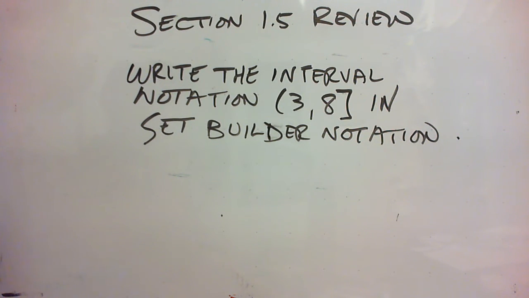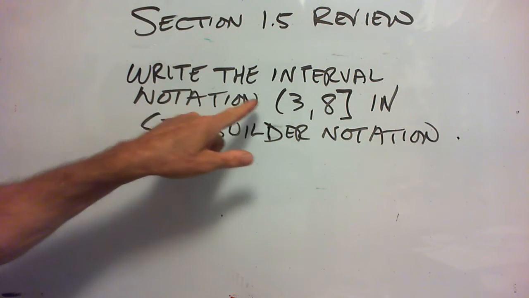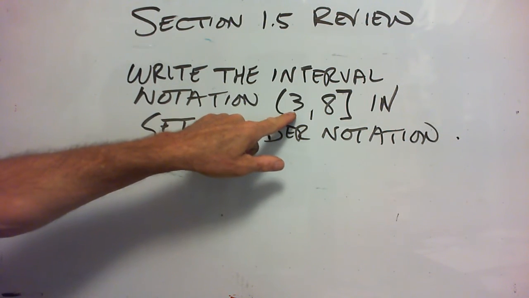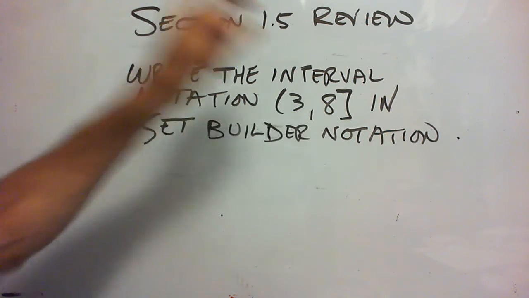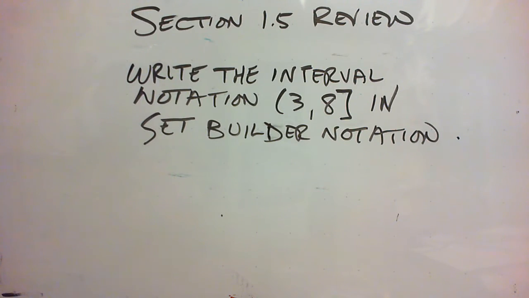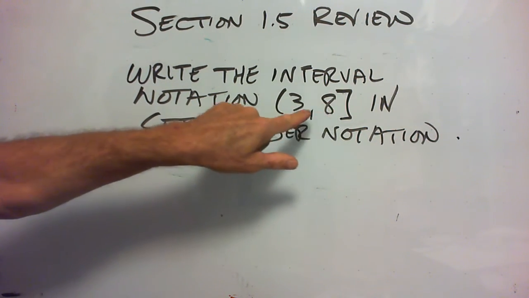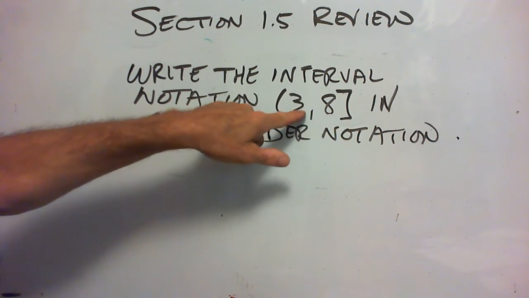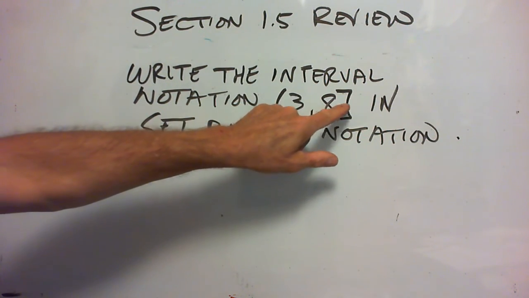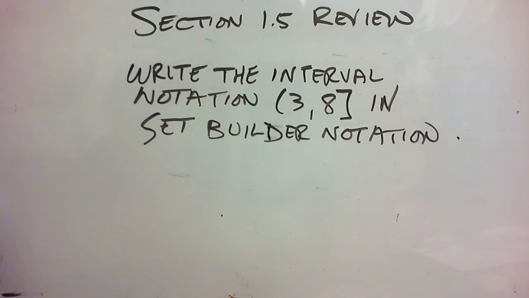Okay, in our next problem, we're going to write the interval notation round bracket 3, comma 8 square bracket in set builder notation. Now, this interval is telling you that x goes from 3 up to 8, but it includes 8, does not include 3.